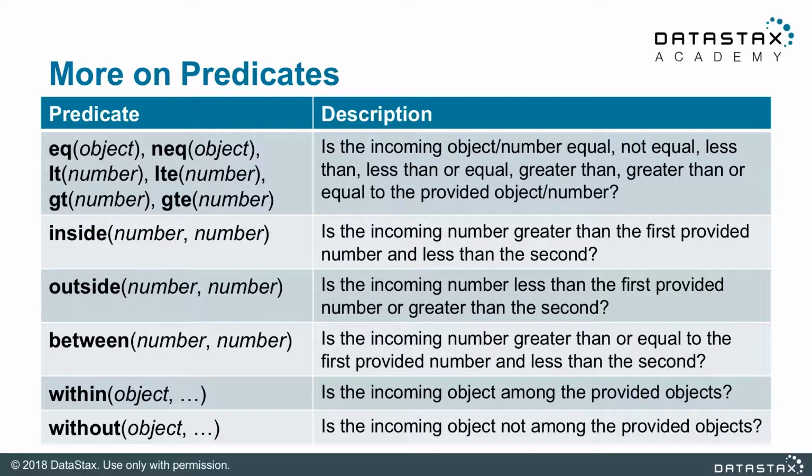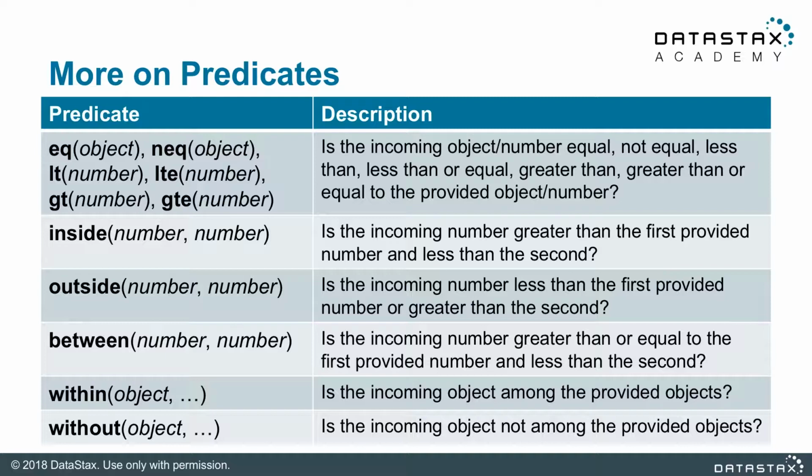Inside returns true if the incoming number is greater than the first number and less than the second. Outside returns true if the incoming number is less than the first number or greater than the second. Between returns true if the incoming number is greater than or equal to the first number and less than the second.